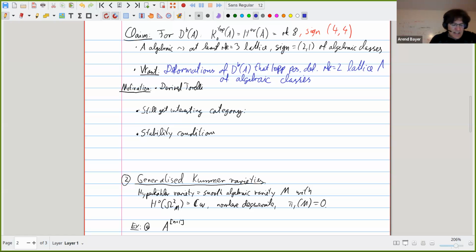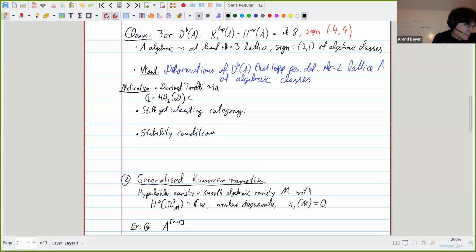One is that we hope for an analogy of derived Torelli for K3 surfaces. So then we could hope for a derived Torelli result via the second Hochschild homology, C·HH_2.